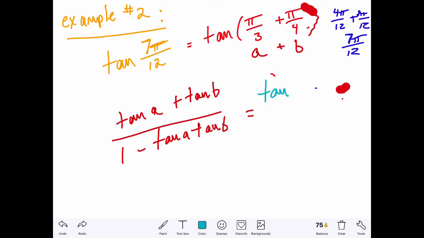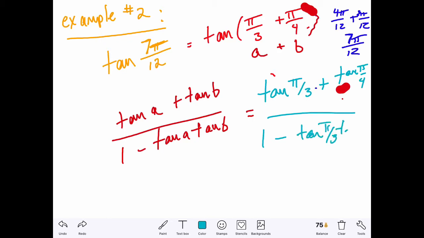Tan pi thirds plus tan pi fourths over 1 minus tan pi thirds tan pi fourths. If we know our unit circle and we know these locations, we can hopefully construct these. And remember, a pi thirds is a 60.